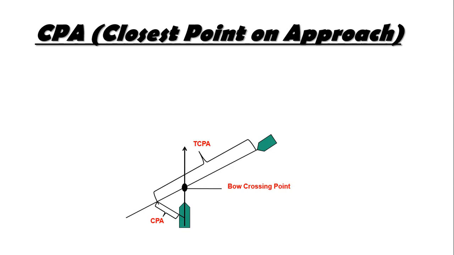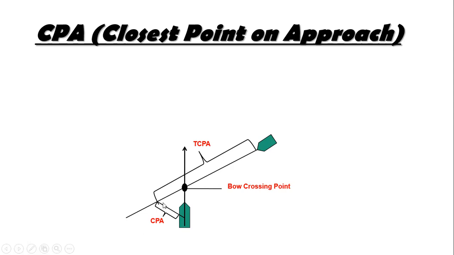Now remember, ladies and gentlemen, the bow crossing distance differs from the closest point of approach. If you can see, this is the CPA, okay? But this is the bow crossing point. It's the distance from your bow going ahead. That's why it is the bow crossing point. But the CPA is 90 degrees from the relative motion line.